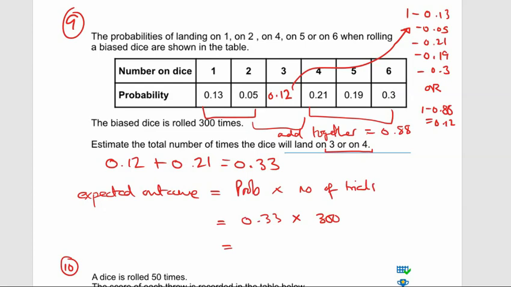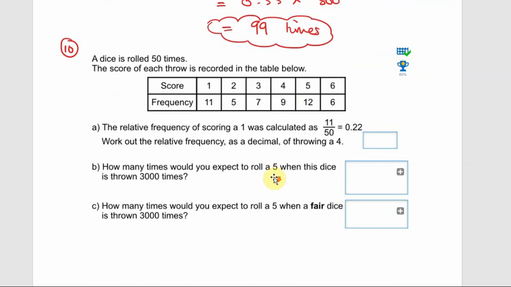And that is going to give us 99 times. You could also have 100 times. Would make sense as well, because it's an estimate, so it's kind of getting roughly close there, but I'd say 99. That's the exact number I got.